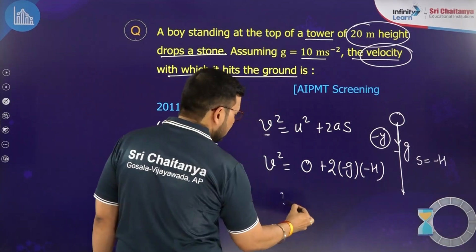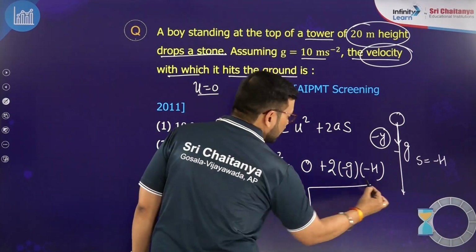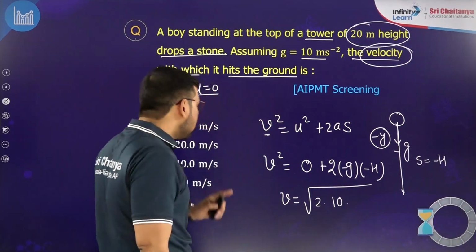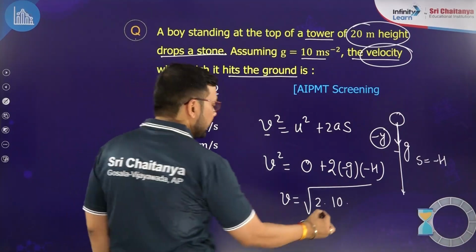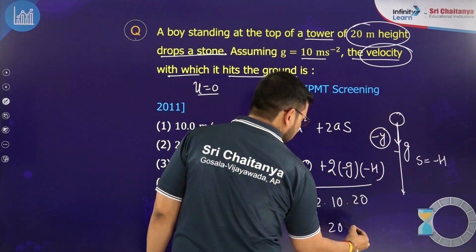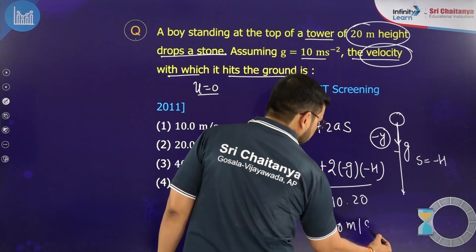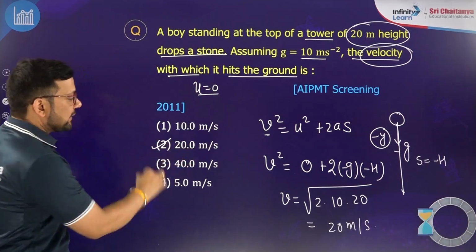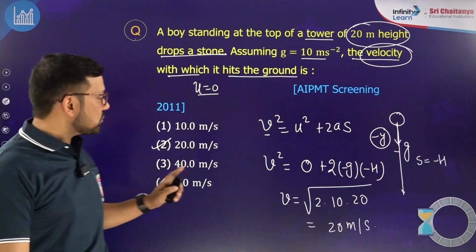And from here, v will be equal to root 2gh. The question is asking us to take g as 10. Height is also given as 20. So that will be equal to 400 under root, that is 20 meters per second. So that will be the answer, 20 meters per second. Understood this?